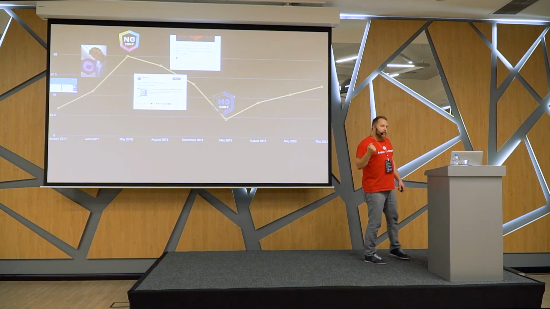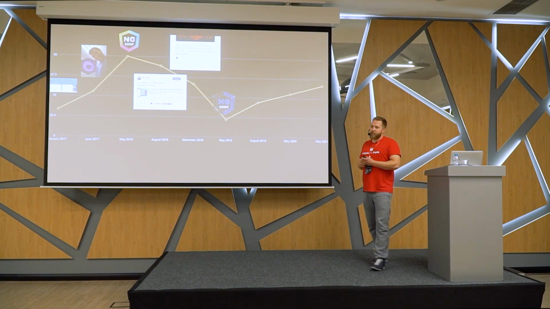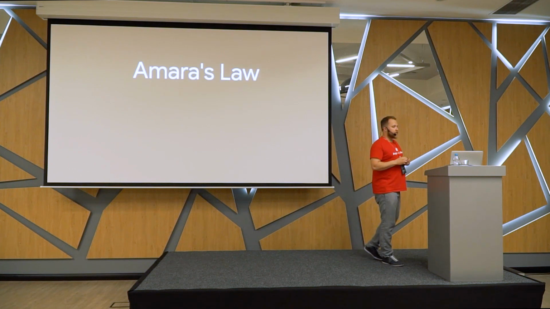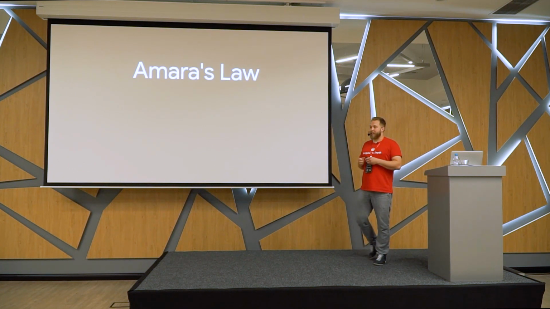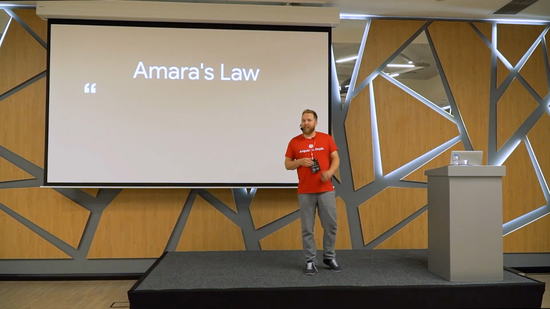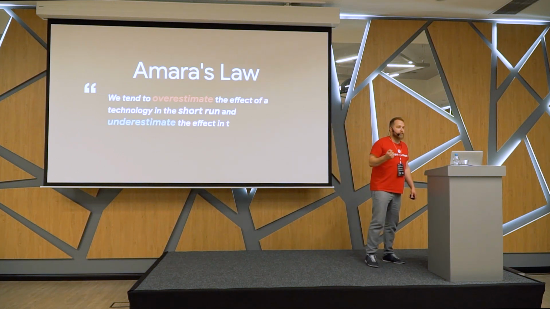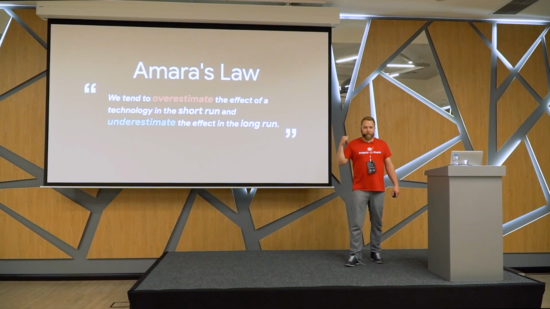And what makes me so hopeful about this? Well, US researcher Charles Roy Amara has his Amara's law that he created. And what he's stating in this law is that we tend to overestimate the effect of the technology in the short run, but underestimate it in the long run.